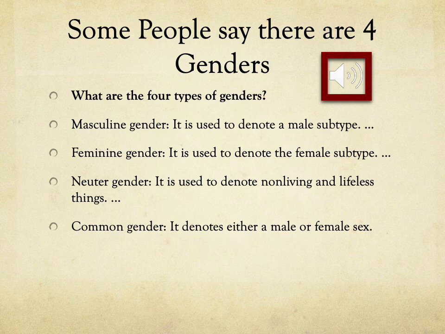That's not cool. They say neuter denotes non-living or lifeless things too, and I checked that on the internet and found it too. So I guess my printer is neuter. But I think people can be neutral too. And then common gender, which denotes neither male nor female, which sounds like gender fluid.